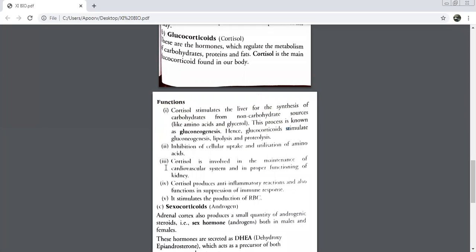Cortisol is involved in the maintenance of the cardiovascular system and in the functioning of the kidney. What is the cardiovascular system? The system related to the heart. Have you heard the word cardiovascular diseases?